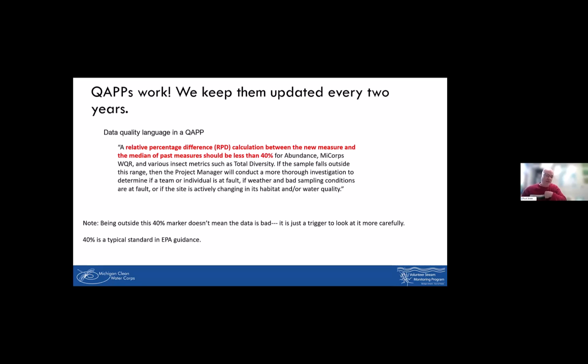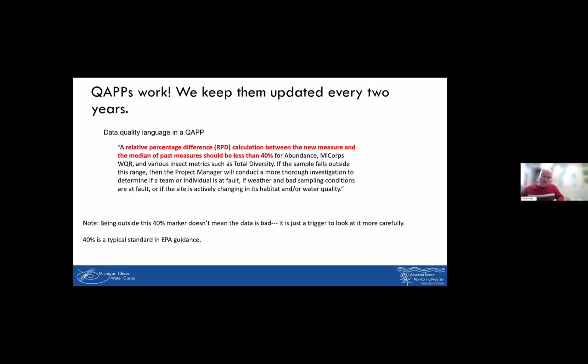This particular check in a QAP is talking about the relative percent difference. What it's saying is that there shouldn't be a difference of more than 40% when you're looking at your current measurement versus the long-term median or average of your past measurements. Now, if you do exceed 40%, it doesn't mean you throw the data out.